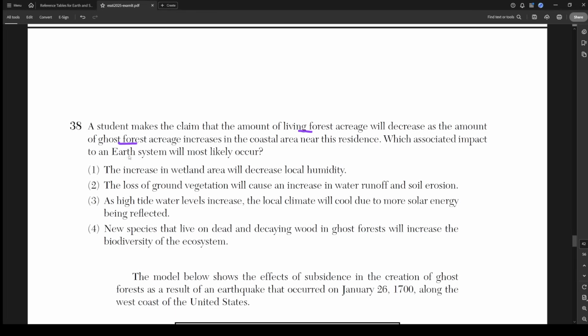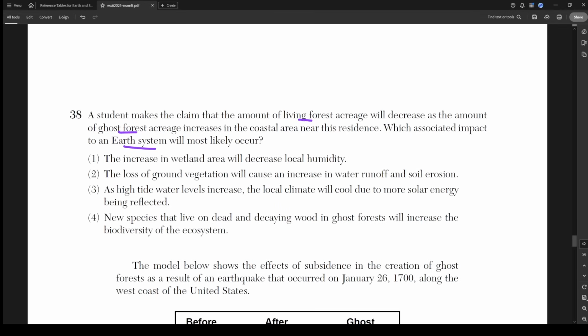Which impact to an Earth system will most likely occur? The increase in wetland area will decrease humidity. No, nothing to do with that. The loss of ground vegetation, yes, will cause an increase in runoff and erosion. Yeah. As high tide water increases, the local climate will cool. No. New species that live on the dead wood will increase the biodiversity.